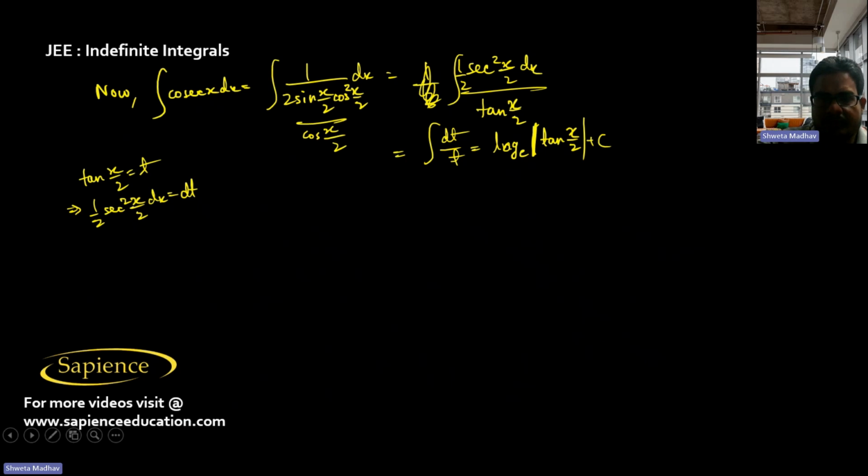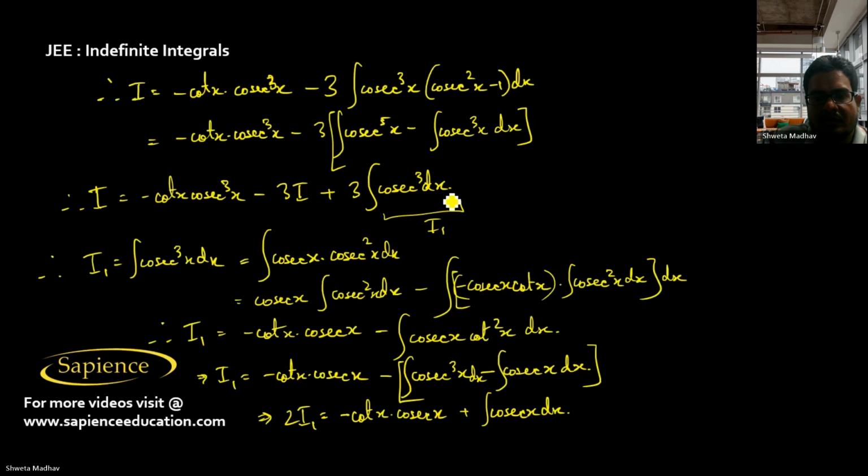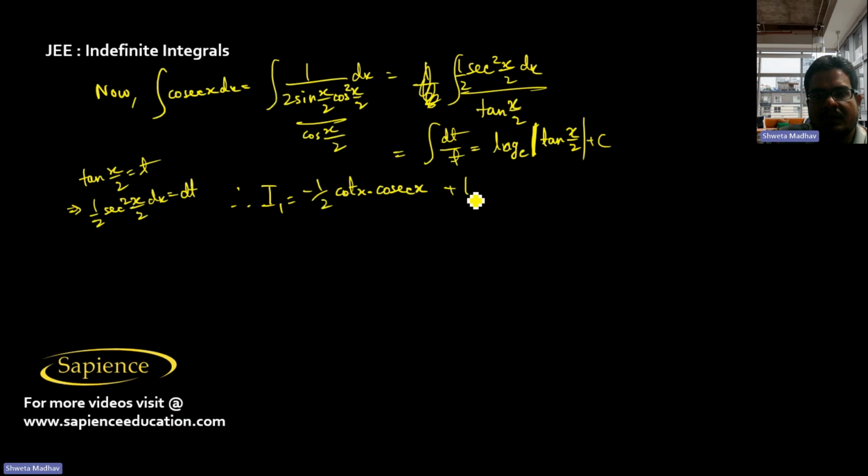So now this is your 2I1, so I1 will be equal to half of this: minus half of cot x into cosec x, and plus half of log base e mod tan x by 2, plus some constant c1 suppose.